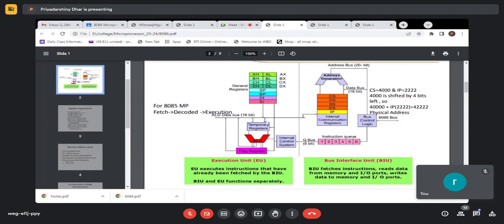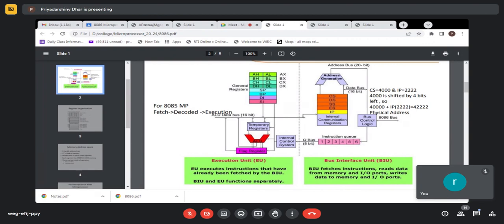When the execution unit is decoding or executing an instruction, the BIU, that is the bus interface unit, fetches the opcode from the memory and stores it in the instruction queue.